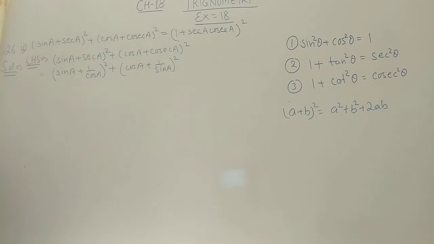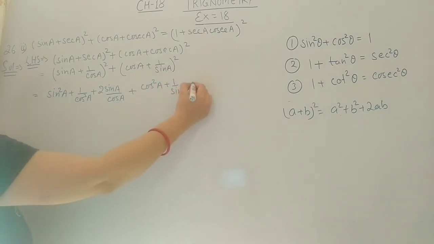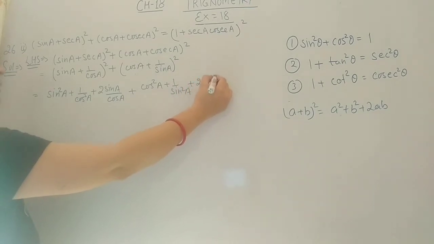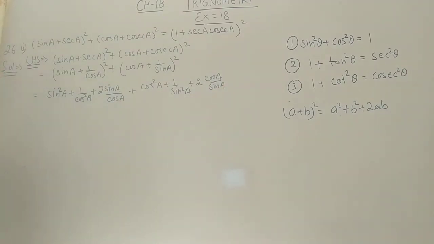After this, with the help of the (a plus b) whole square formula, we will expand it. So it will become sin square A plus 1 by cos square A plus 2 sin A by cos A. Then the second bracket: cos square A plus 1 by sin square A plus 2 cos A by sin A. Now we will regroup.